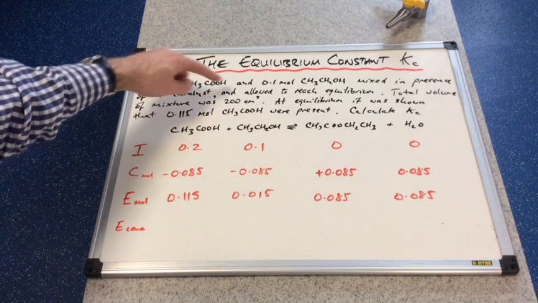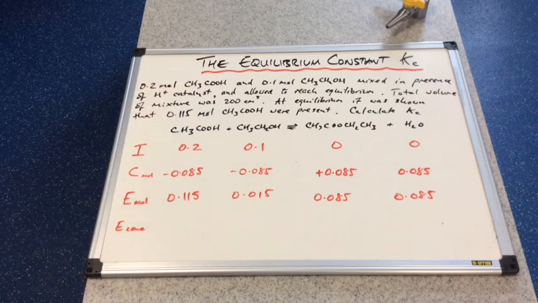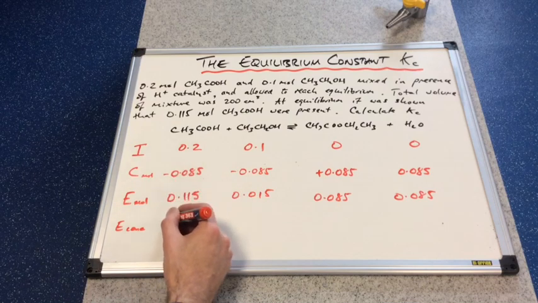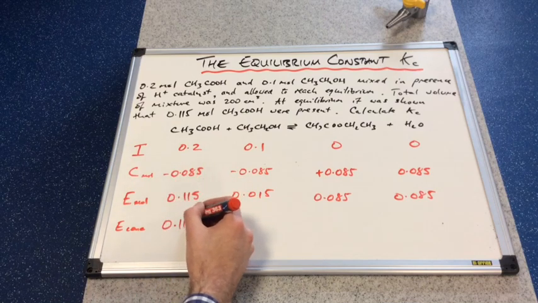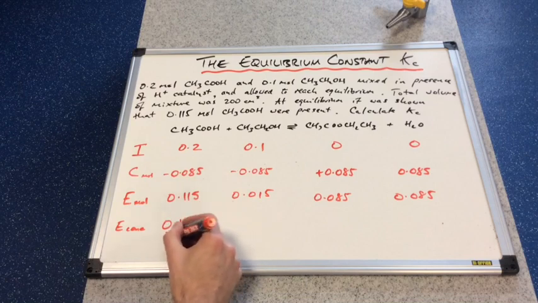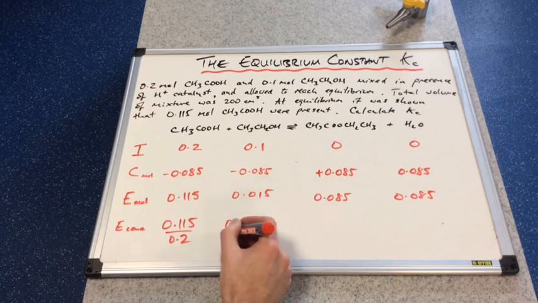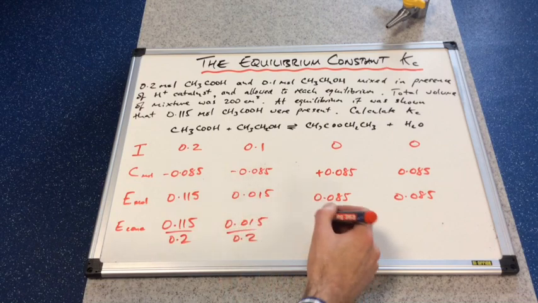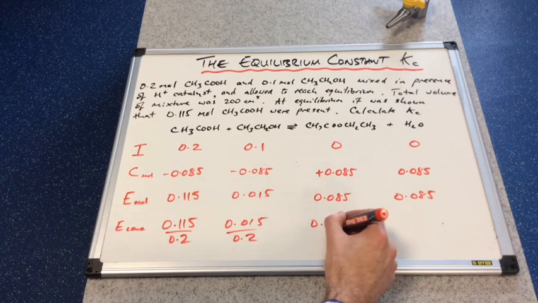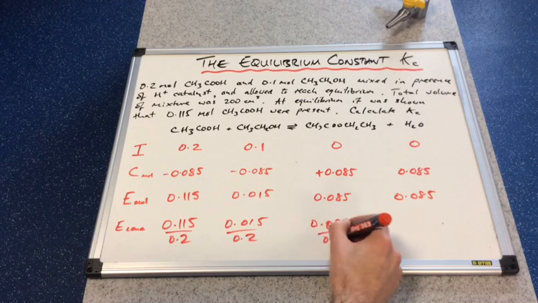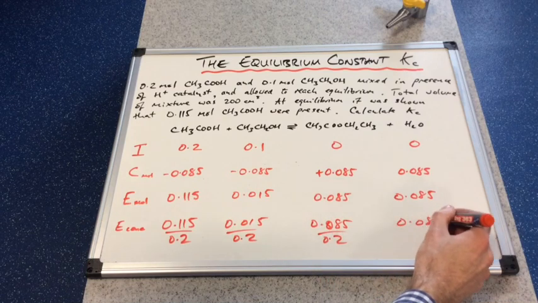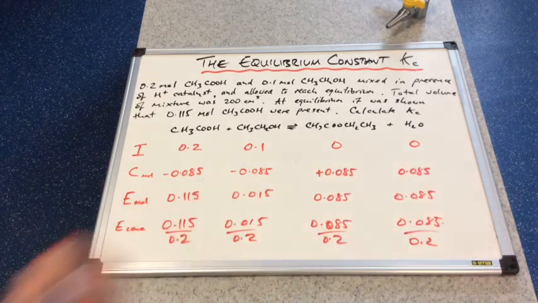We were given the volume somewhere in the question, 200 cm cubed, which is of course 0.2 decimeters cubed. We need to work in decimeters cubed for concentration, and so the equilibrium concentration will be 0.115 divided by 0.2, 0.015 divided by 0.2, 0.085 divided by 0.2, and the same there.